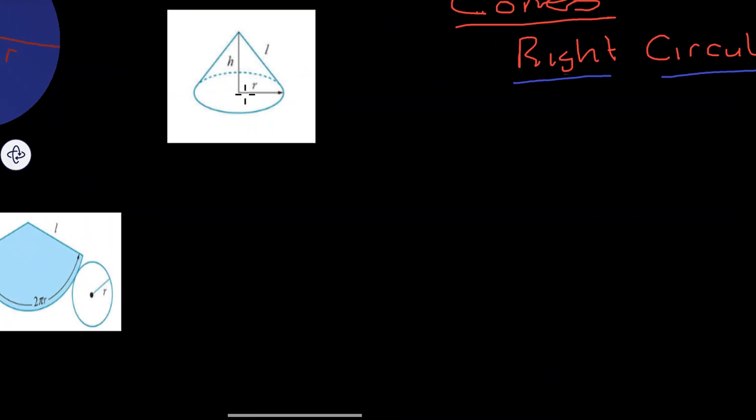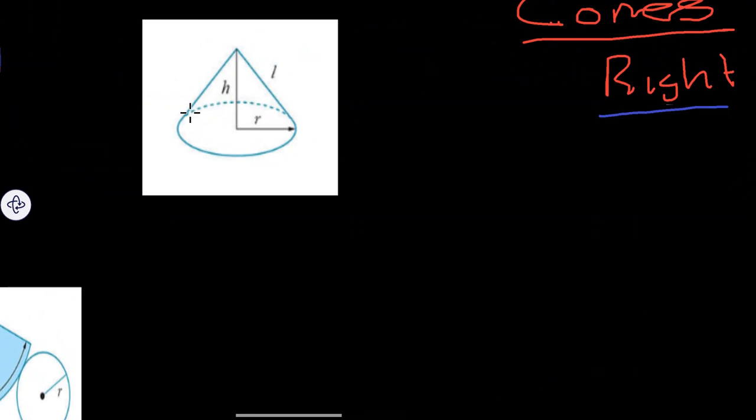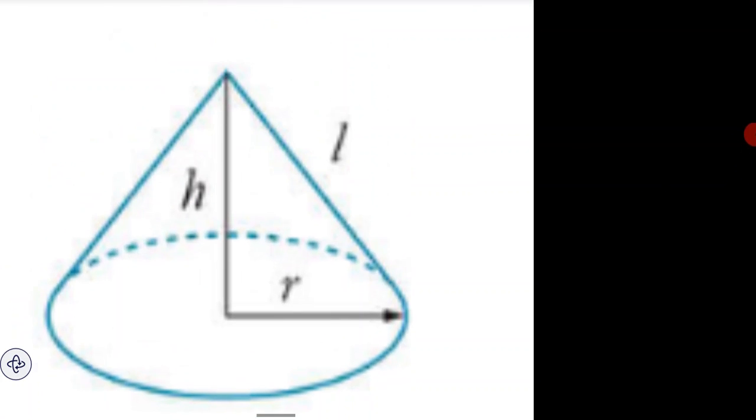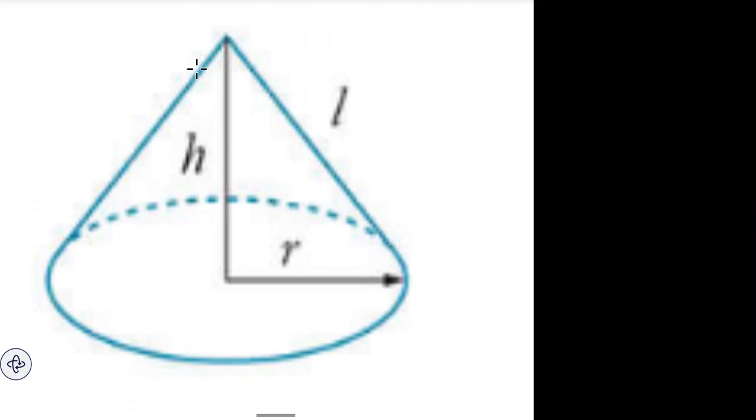Let's have a look inside. If you take the height and draw a line down from the tip of the cone to the bottom, to where the radius is, you have a right angle formed here. So you have a 90-degree angle.